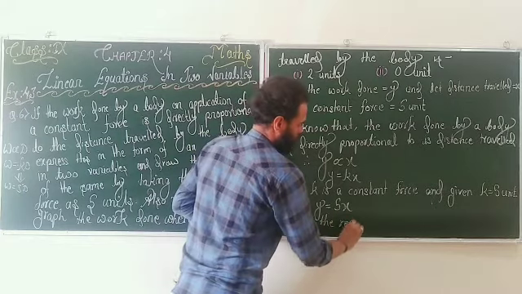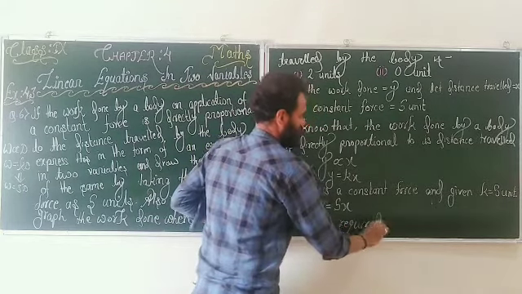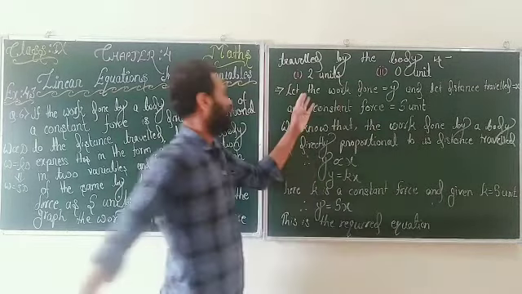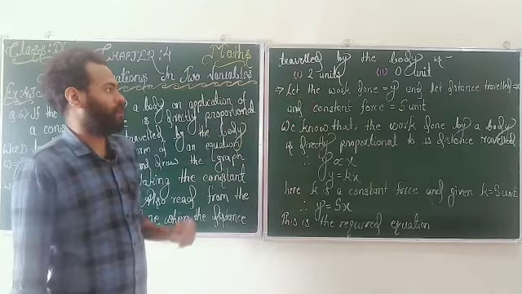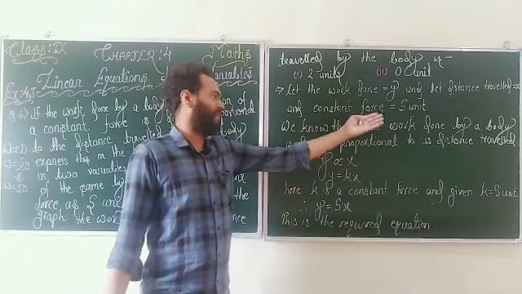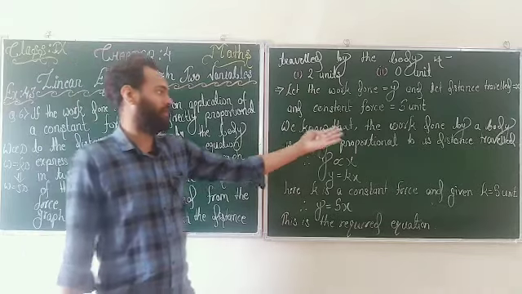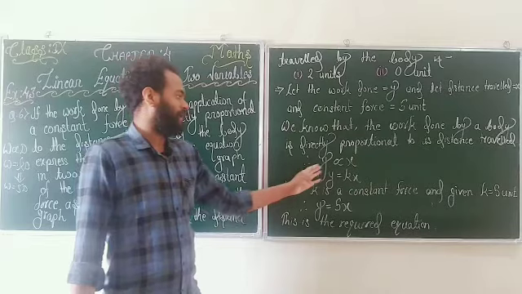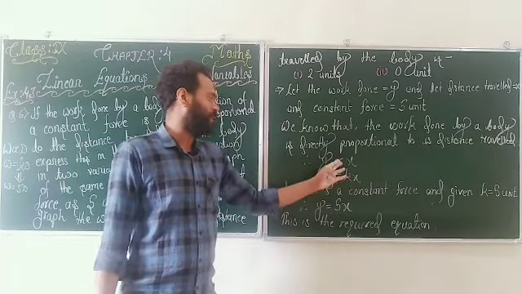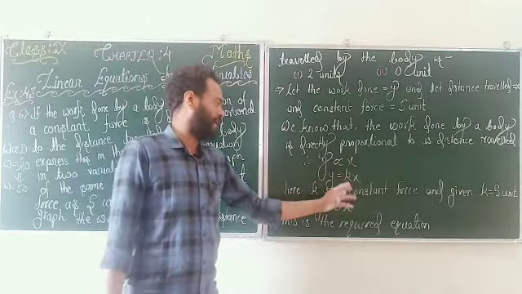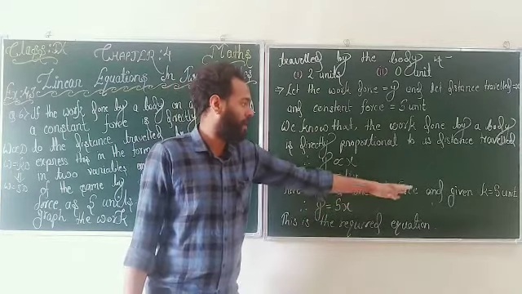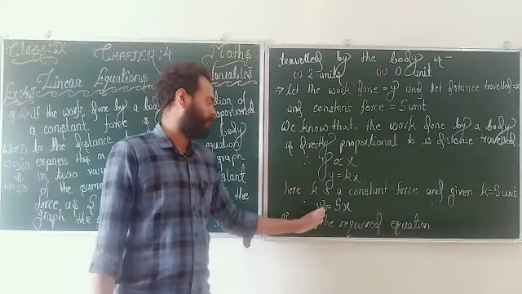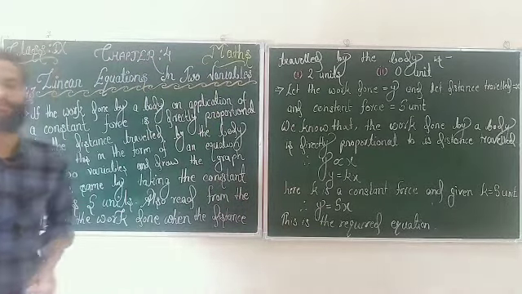First we take y for the work done and x for the distance traveled, the constant force given in the question is 5 unit, and we know the work done by a body is directly proportional to its distance traveled. y is directly proportional to x. When we remove the sign of proportionality, we use the constant term, k is a constant force here, and the value of k is 5 unit according to the question. So our equation is y is equal to 5x.